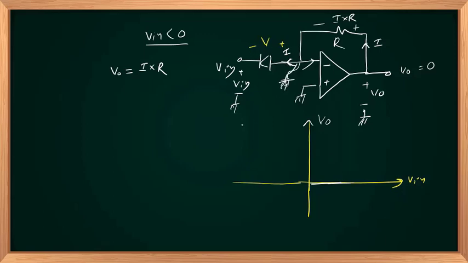So positive, negative, minus V in equal to 0, starting from ground, ending at ground, a closed loop equating to 0. That implies V is nothing but minus V in.